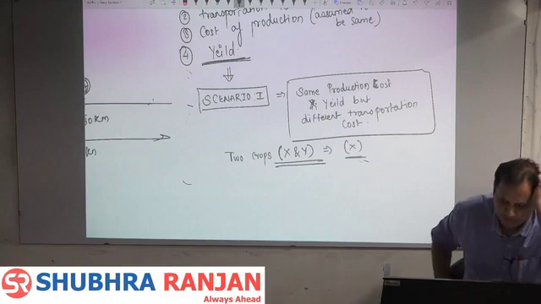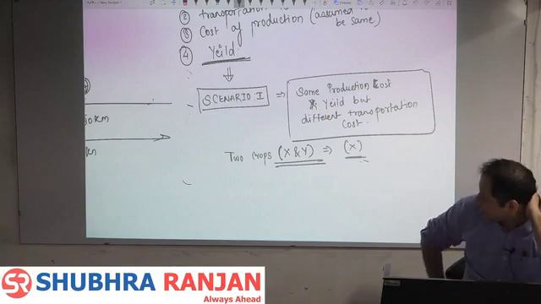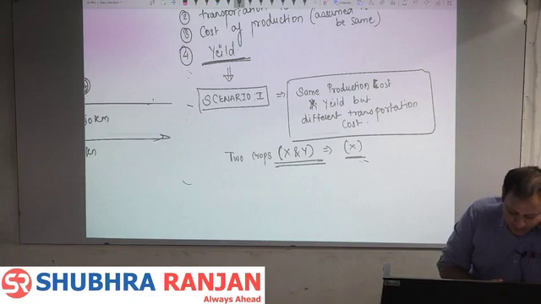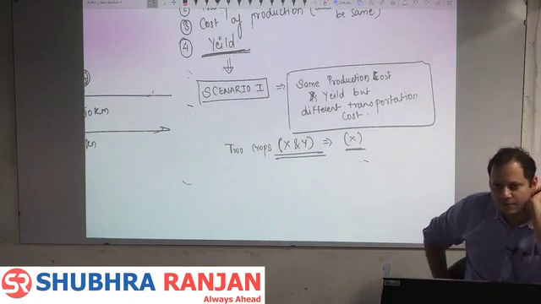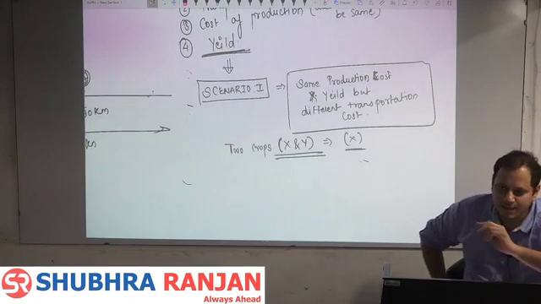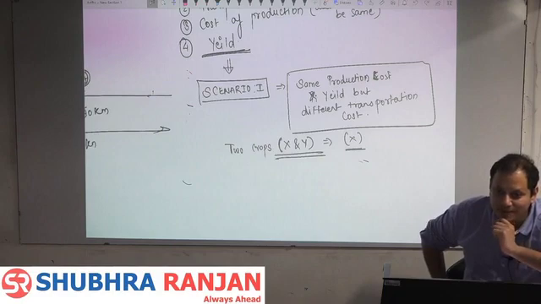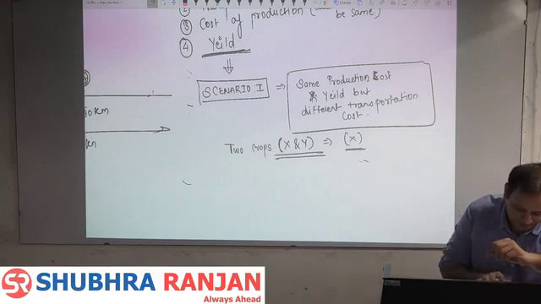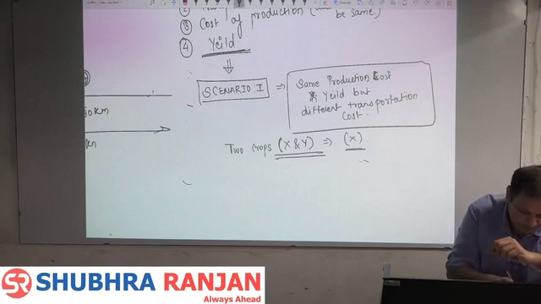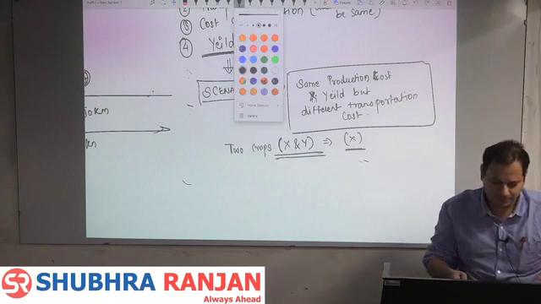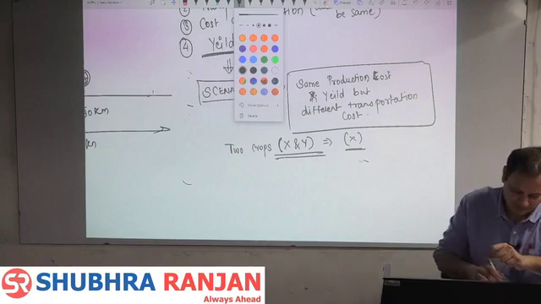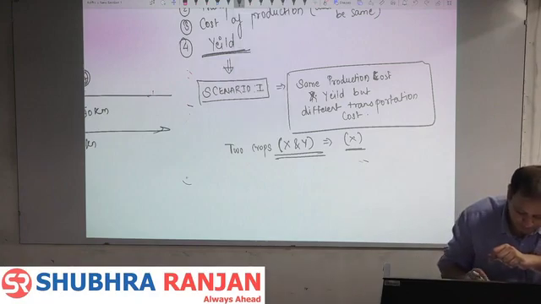Fine. Crop which is more costly to transport, crop X, will be grown. Tell me, answer. कहाँ पे? Near the market. Will be grown near the market. Then crop Y.